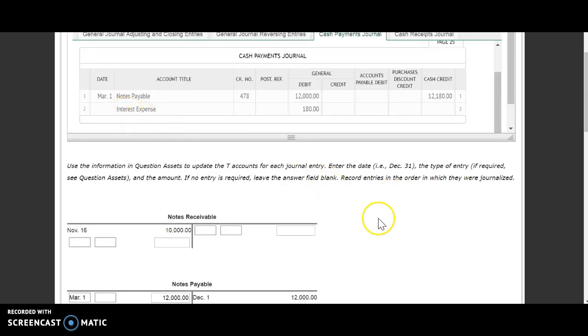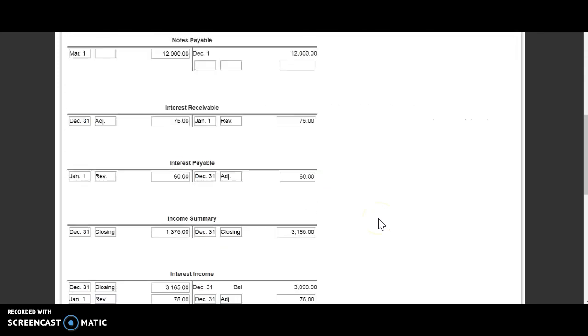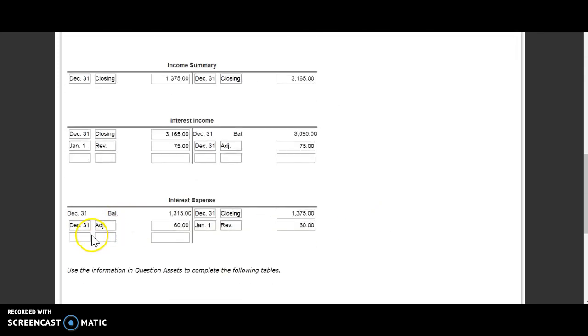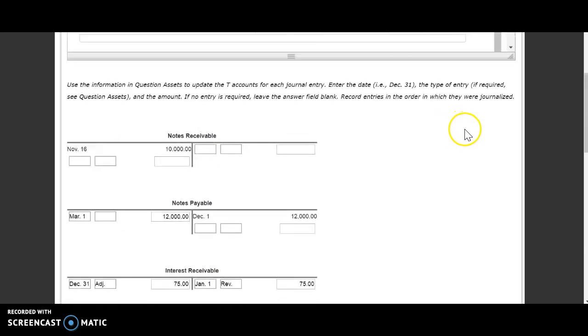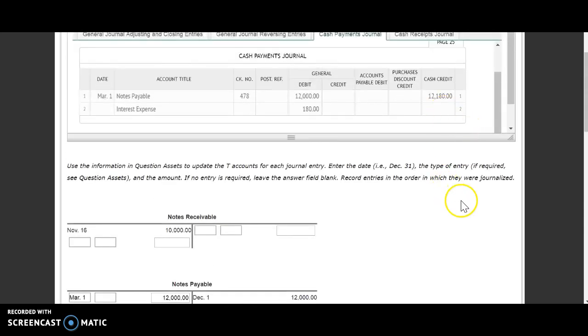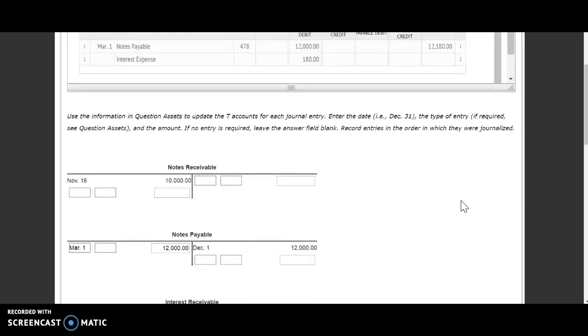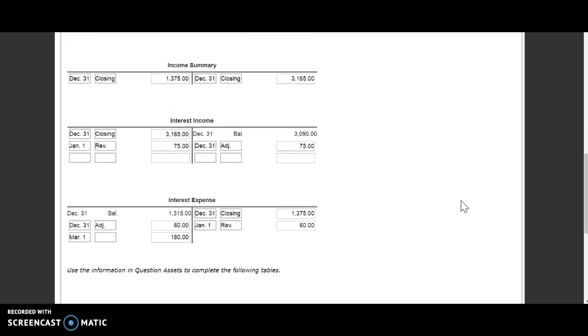Okay, my next debit is to interest expense for $180. March 1st, I leave the second one blank and a debit of $180. And the last one for that transaction is a credit to cash. And they don't show us our cash amount, so we don't have to record that one in a T account.